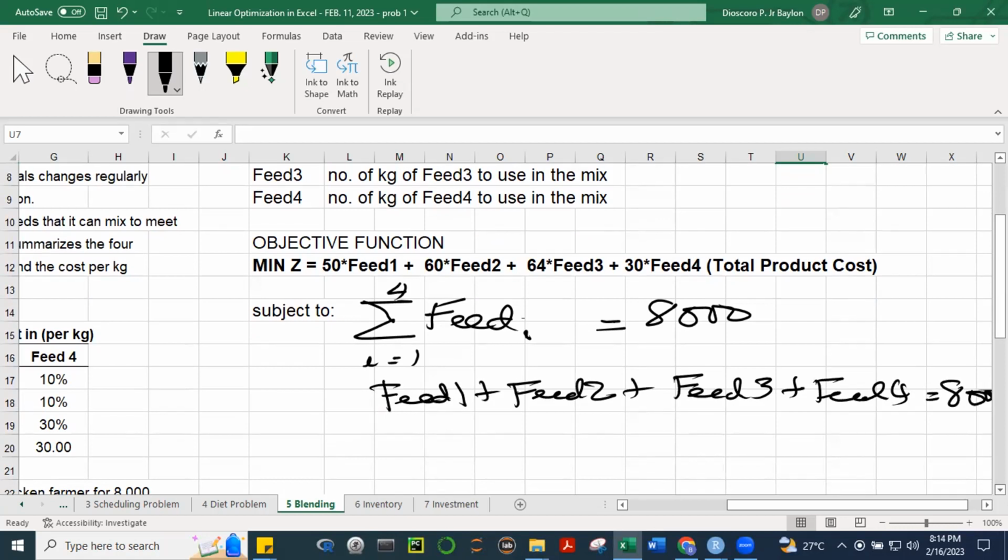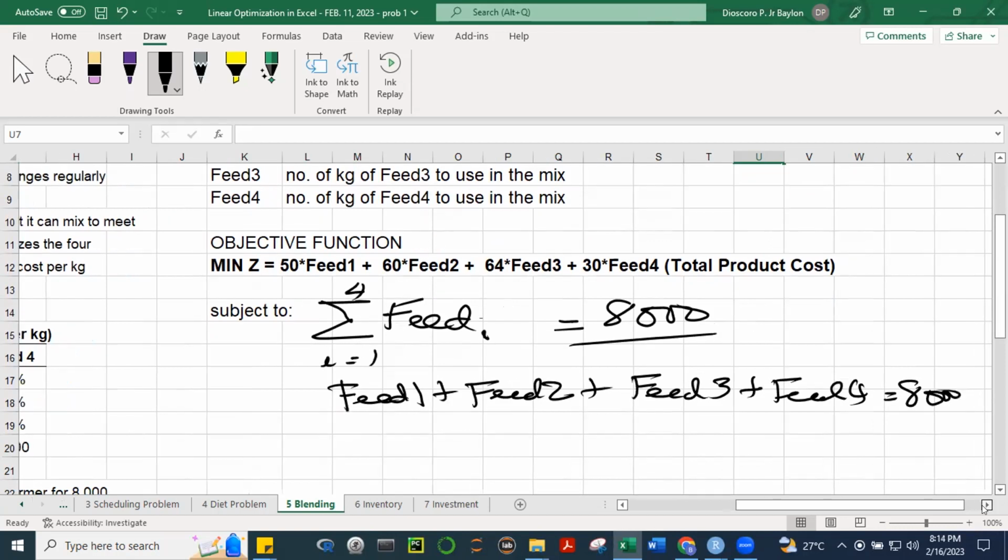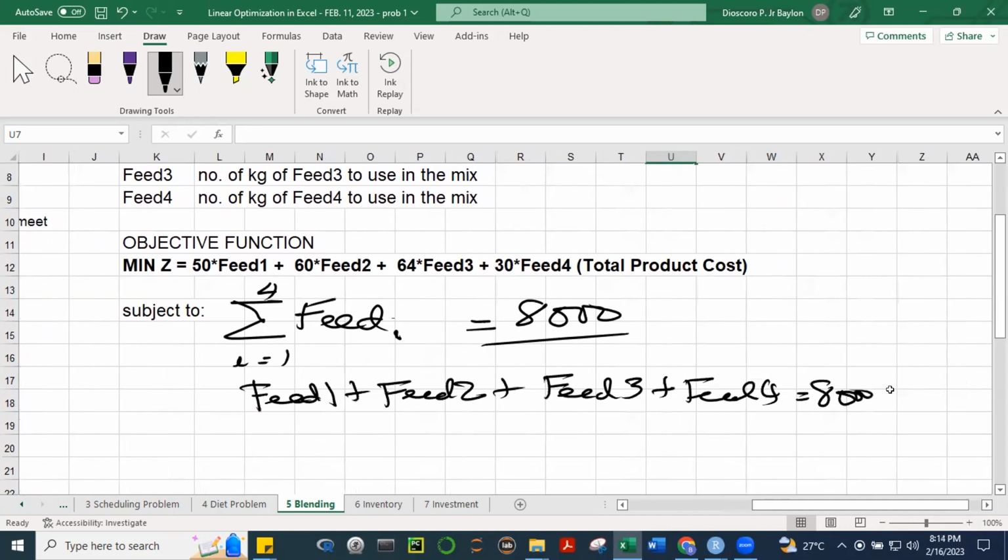Should this be a strict equality, class? What do you think? I think, sir, it can also be greater than or equal to 8,000 since that is the minimum. But the result will still be 8,000 since this is a minimization problem.